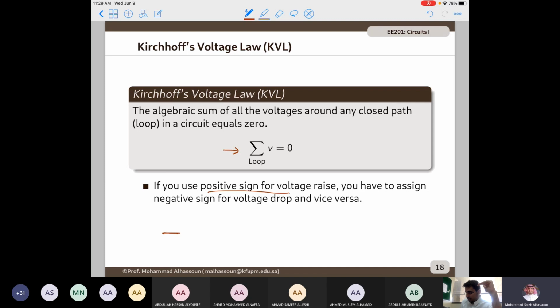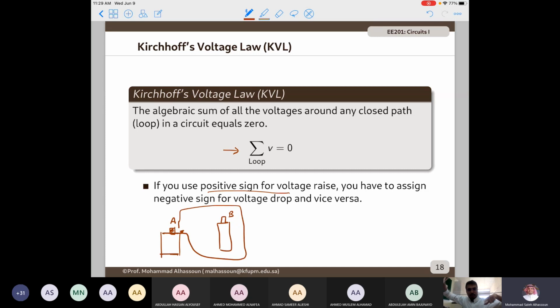If this is a building, and I'm asking you to find the potential energy between point A and then you move to another building here, B, and then you get back to A. If I ask you to find the potential difference between the starting point and the end point, it's exactly the same. So this one has specific potential energy.